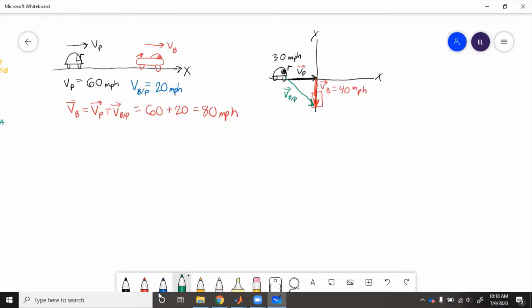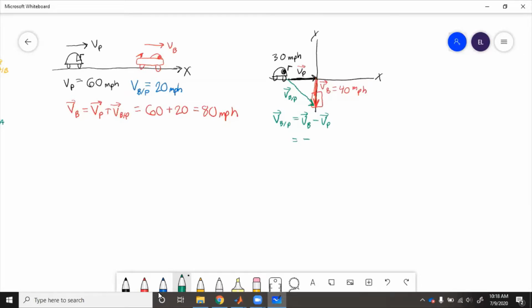Well, we know velocity of Bob relative to policeman equals velocity of Bob minus velocity of policeman. But in this case, the velocities are actually vectors because we have coordinate axes, they're going in certain directions. So velocity of Bob is going to be 40 miles per hour in the negative y direction.